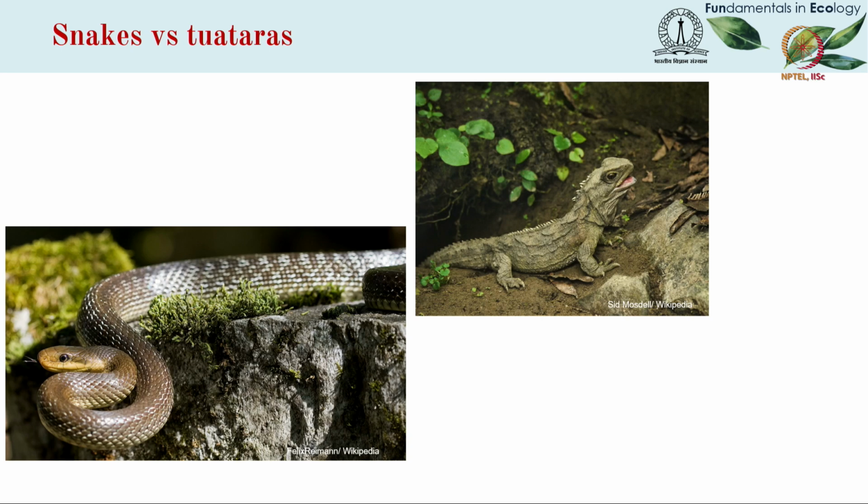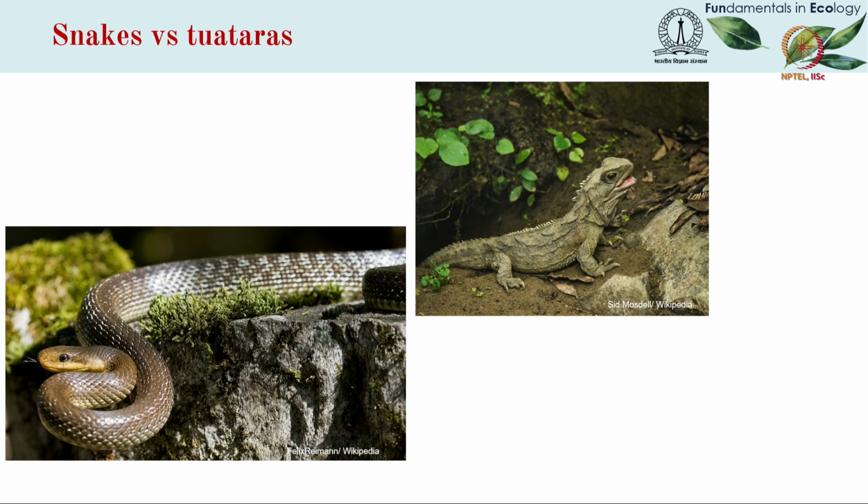To take a very extreme example, going back to the comparison of snakes and tuataras, in your group of reptiles, the group of tuataras is represented by a single, or two species, depending on which taxonomy you follow.